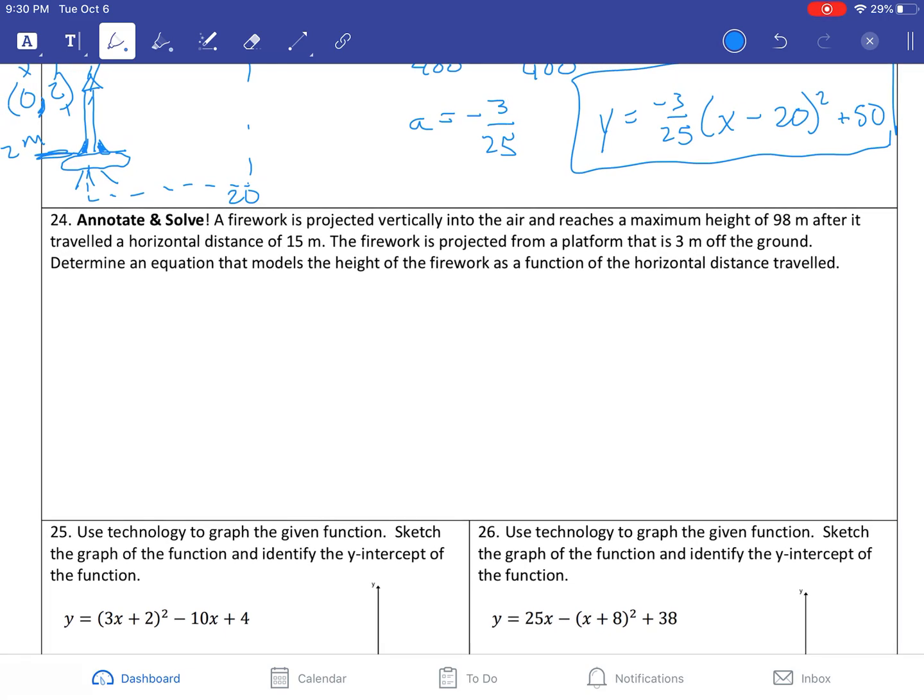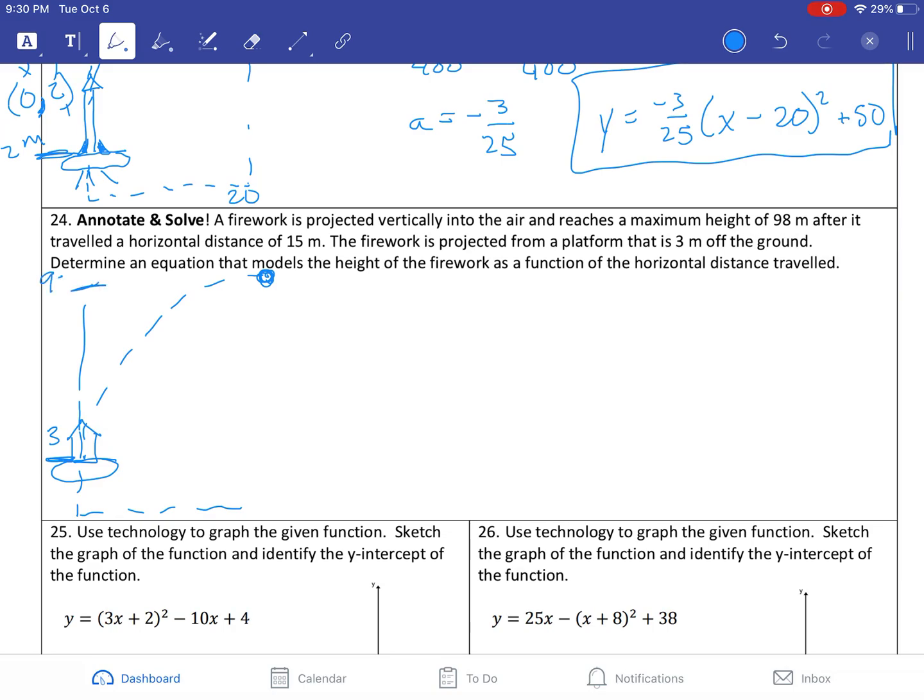A firework is projected vertically into the air. So this time we have another little drawing. We're going to project this, or shoot it, in the air. It is 3 meters off the ground. And when you shoot it off, it's going to reach maximum height.